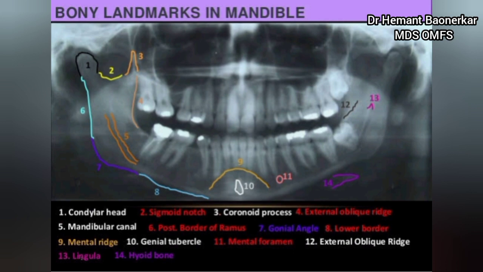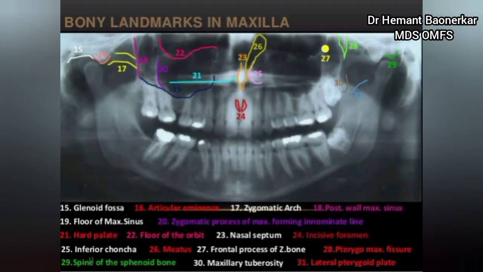There are many features we can observe on the mandible, right from the condylar head, sigmoid notch, coronoid processes, external oblique ridges, impacted tooth, mandibular canal, posterior border of ramus, genital tubercle, lower border of mandible, hyoid bone, mental ridges, etc. These are the important landmarks on the maxilla.